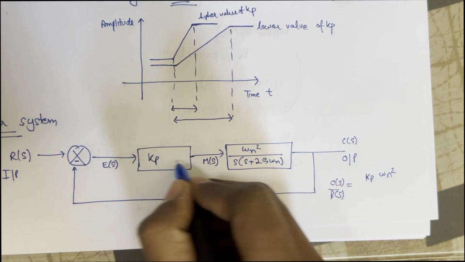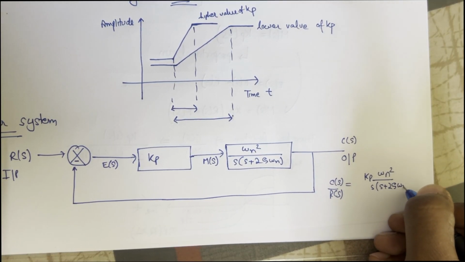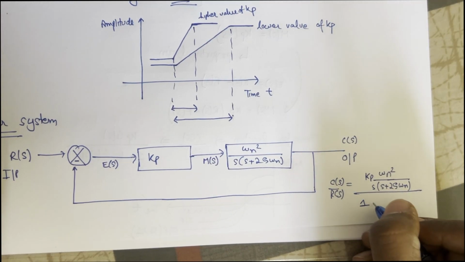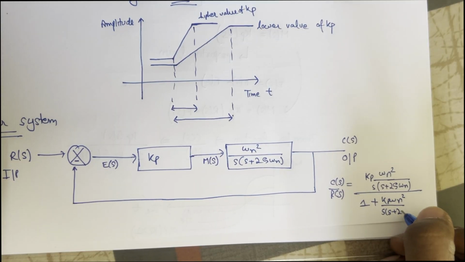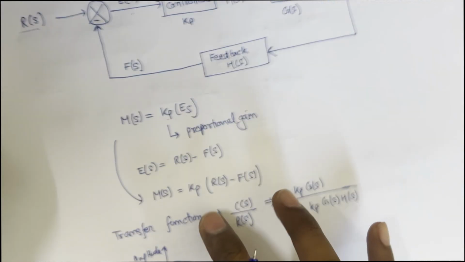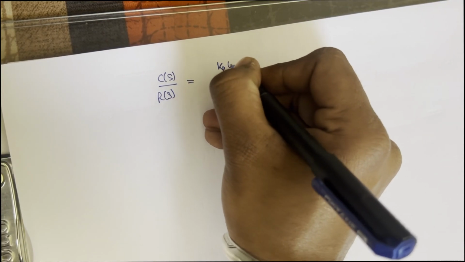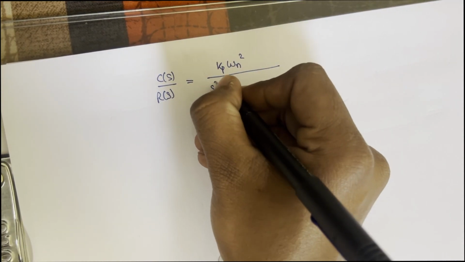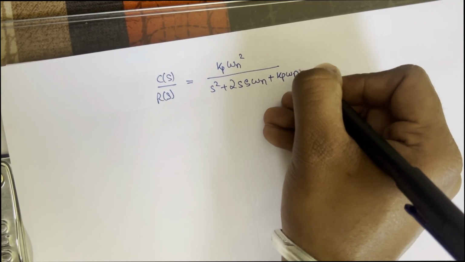As these are in series, we will multiply these, upon s into s plus 2 eta omega n, divided by 1 plus Kp omega n square upon s into s plus 2 eta omega n, which will result in C(s) upon R(s) equal to Kp omega n square divided by s square plus 2 eta omega n s plus Kp omega n square.